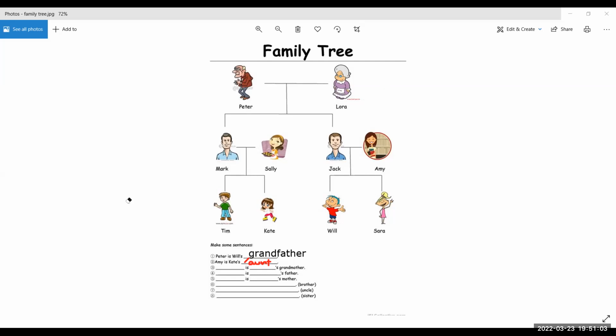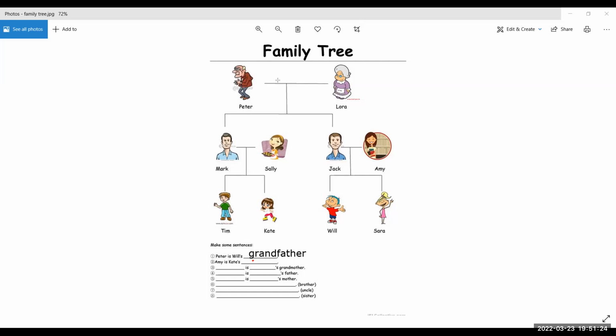Okay, so who is whose grandmother? Laura is Tim, Kate, Will, and Sarah's grandmother. Good job. Who is whose father?